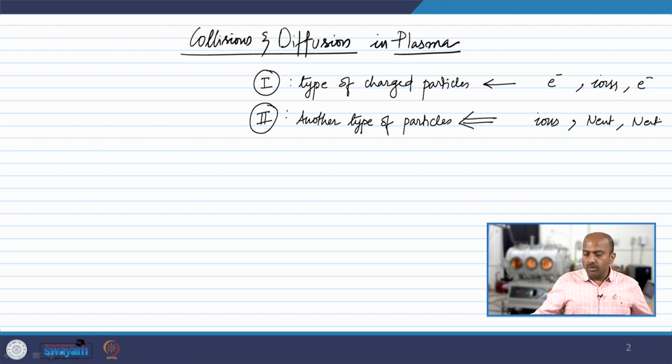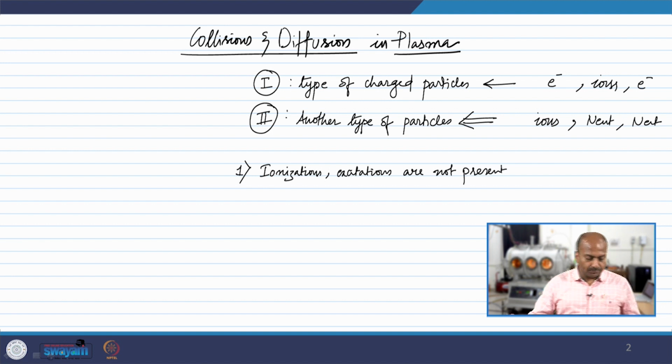So, let us say we make some approximations. Number 1, we will consider the particles move very slowly such that there is no ionization. That means the thermal velocities associated with the particles are very small and ionization or excitations are not present inside the plasma.